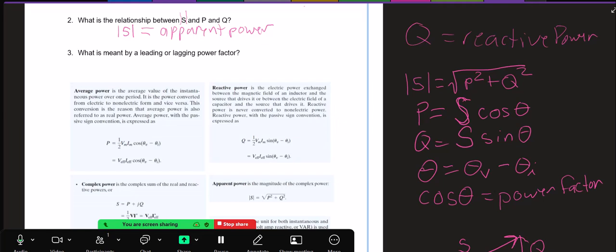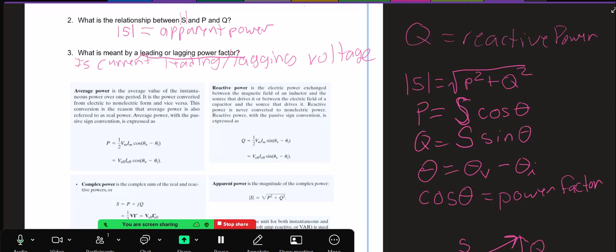And I said, I don't know if it's one way or the other, and I should have known because when we talk about leading or lagging power factor, what we mean by that is current leading or lagging voltage.